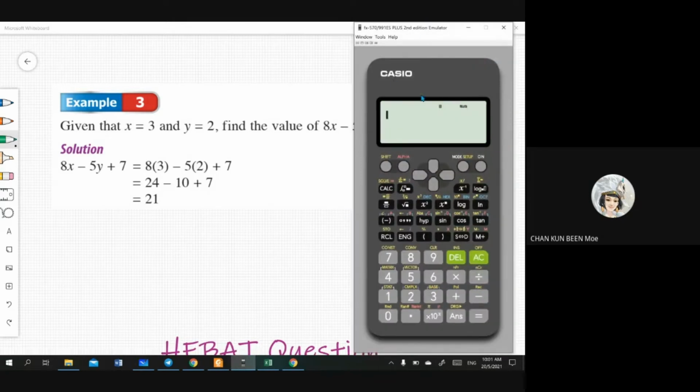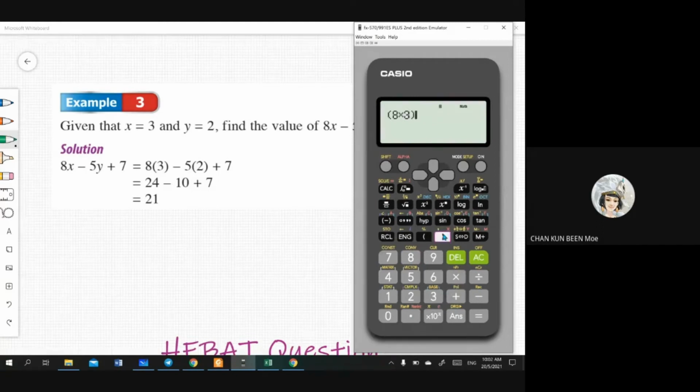So if you look at the calculator on the right now, how do I get the answer for this one? It is 8 times 3, and then minus 5 times 2, and then plus 7. This one I have to put in brackets. Hold on, I delete everything one more time. So this one, 8 times 3.